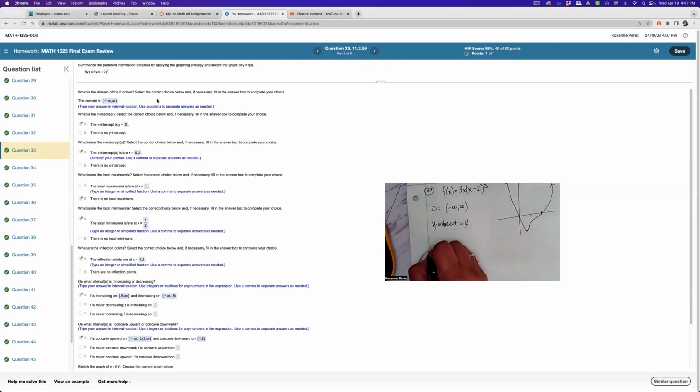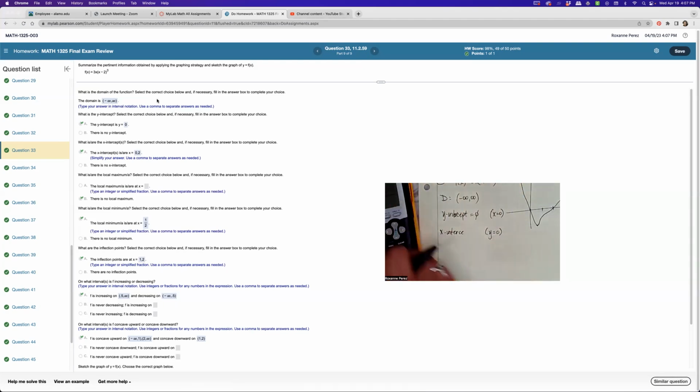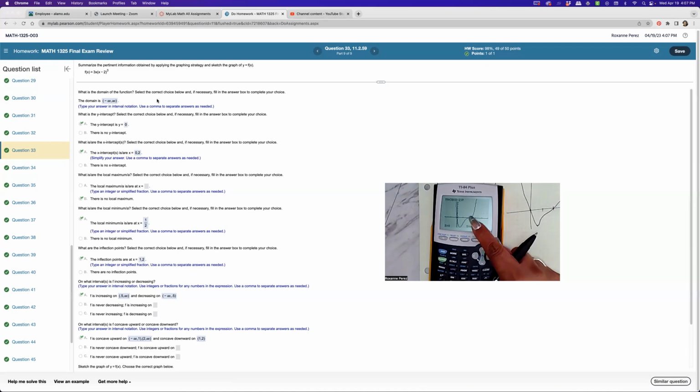All right. So now we're doing x-intercepts. So obviously when x equals 0. So now we want x-intercepts, and that's when y equals 0. So we already know when y is 0, x is 0. So that's one of our x-intercepts, x equals 0. And then we can see clearly that we have another x-intercept over here.